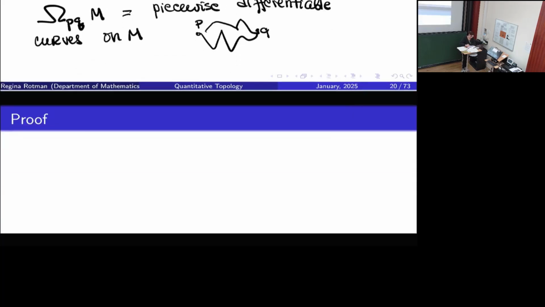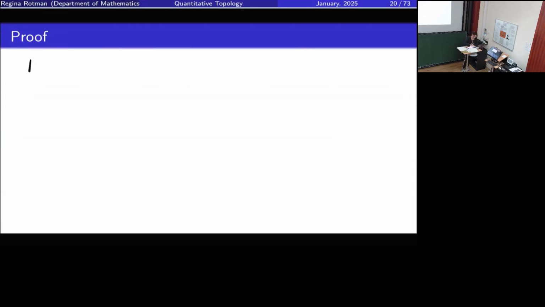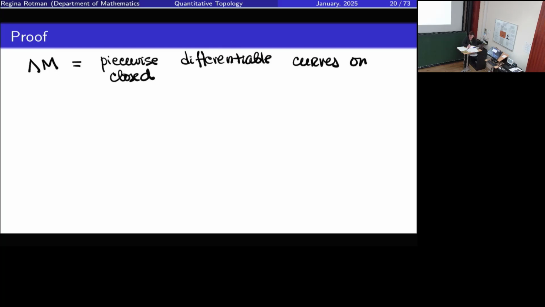Or instead we can look at the space, and this is what we are going to do, lambda M. So this is going to be all piecewise differentiable closed curves on M. And then if you look at the critical point of the energy functional, it's going to be a periodic geodesic.